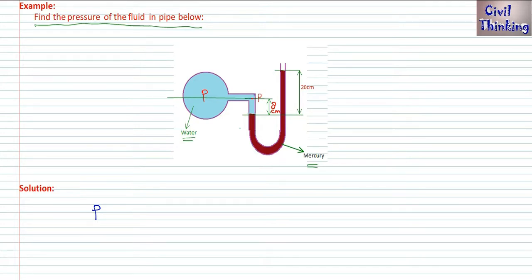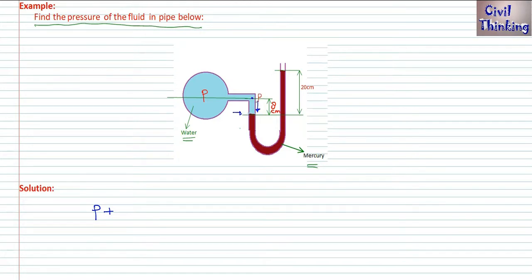Now going downwards, we reach this point. The pressure here is P, we wrote the P here. Now we are going down from this pressure P, so we will use the positive sign, plus. Now how much is the pressure at this interface?